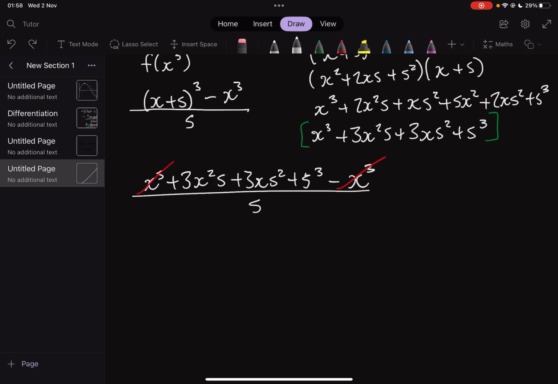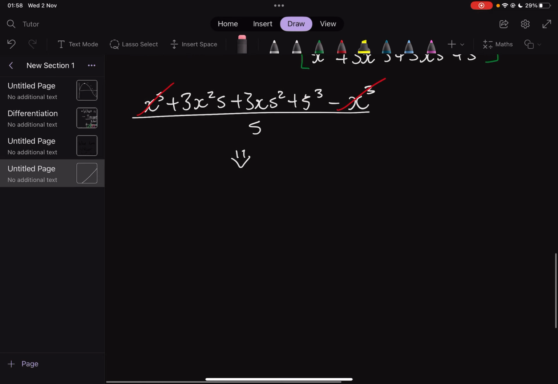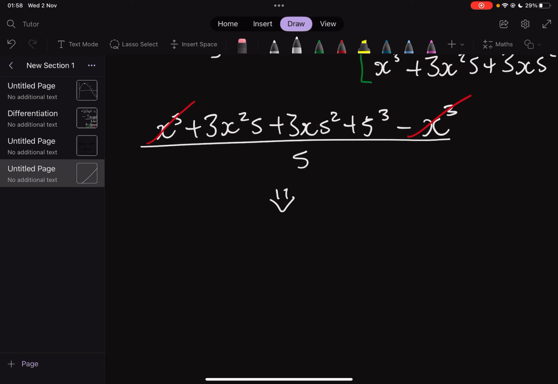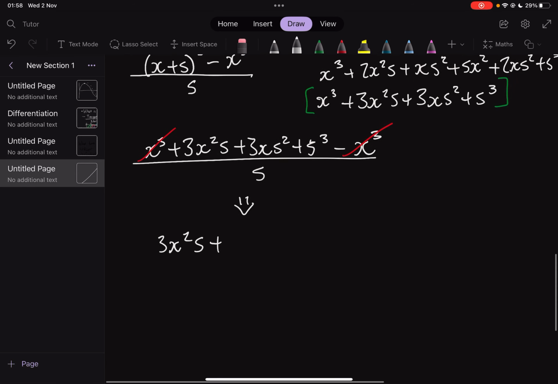So now we can cancel out that divided by s, which is the main problem because we don't want to divide by 0, and then we get 3x squared plus 3xs plus s squared. And now we want s to approach 0.